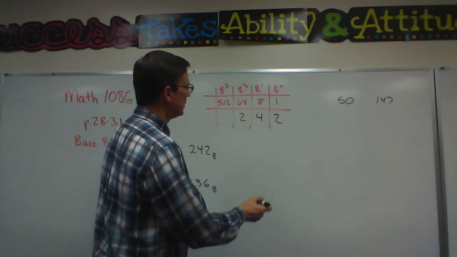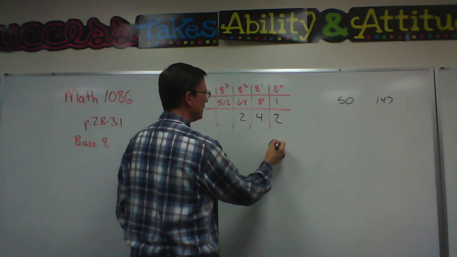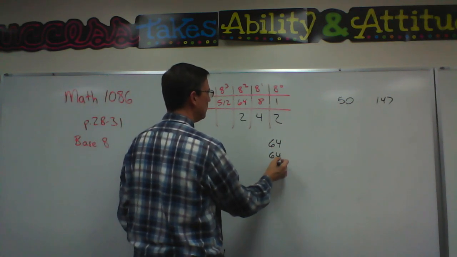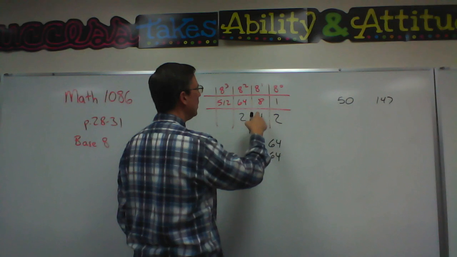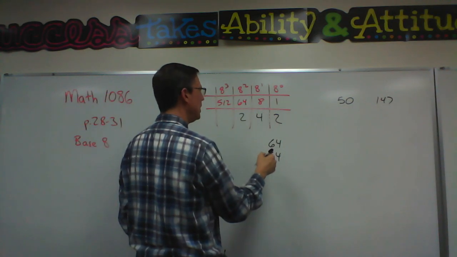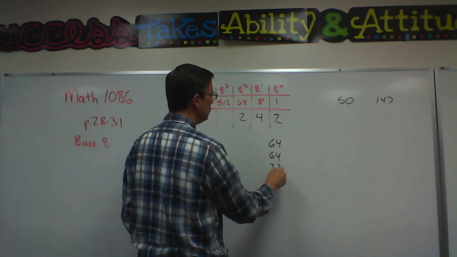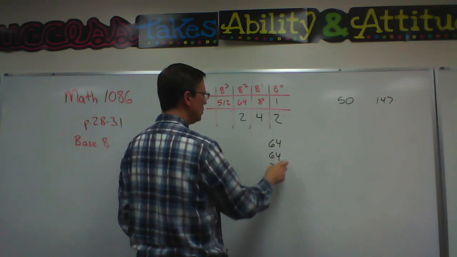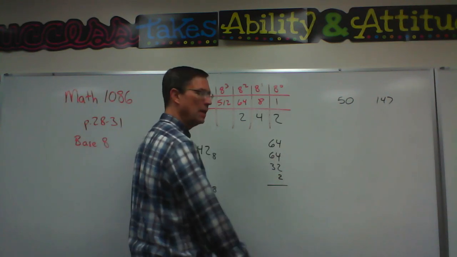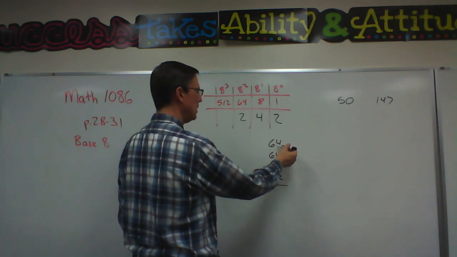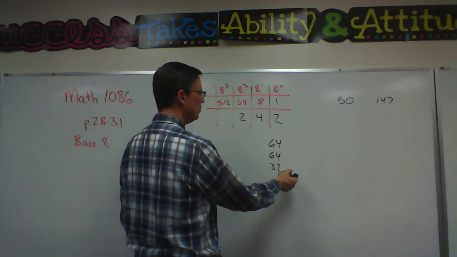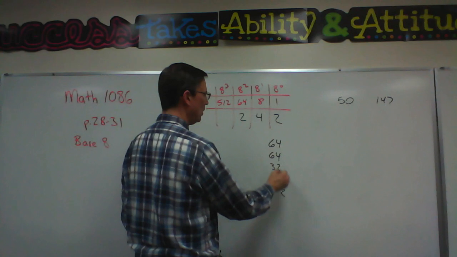2 at 64, so that's going to be 64 plus 64. 4 of the 8s, so I could do 8 plus 8 plus 8 plus 8, but let's multiply it and get 32. And then 2 times 1, all right? And then we can add these. 8 plus 2 is 10, plus 2 is 12.